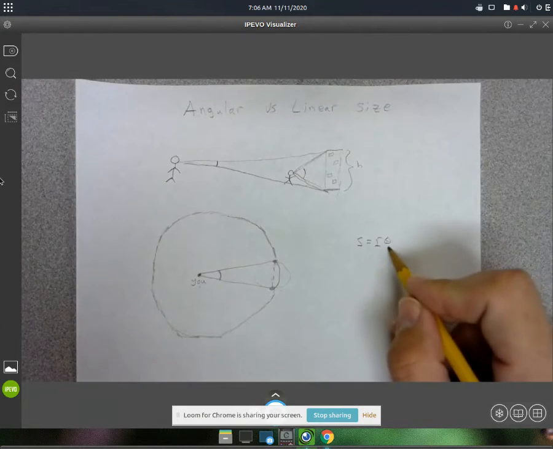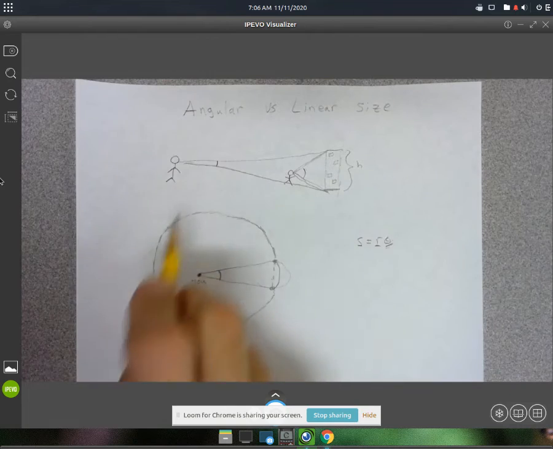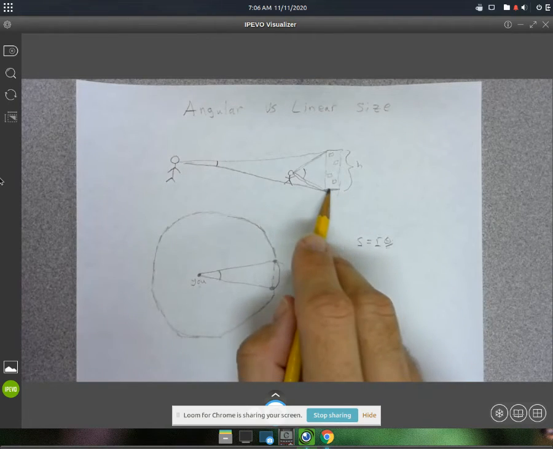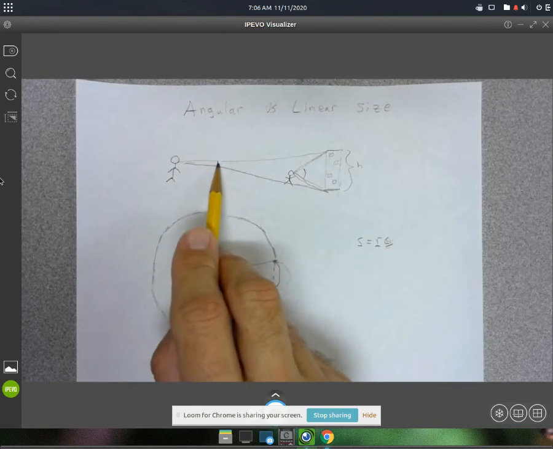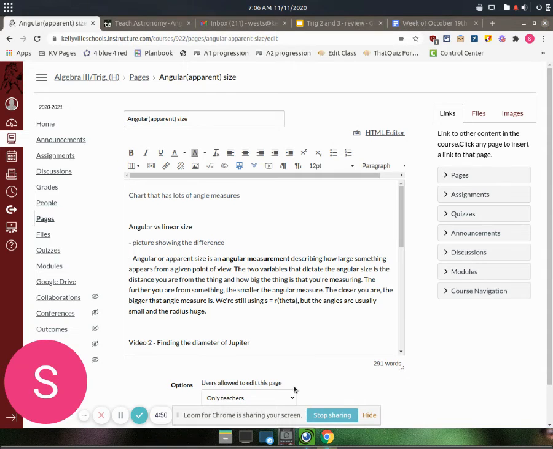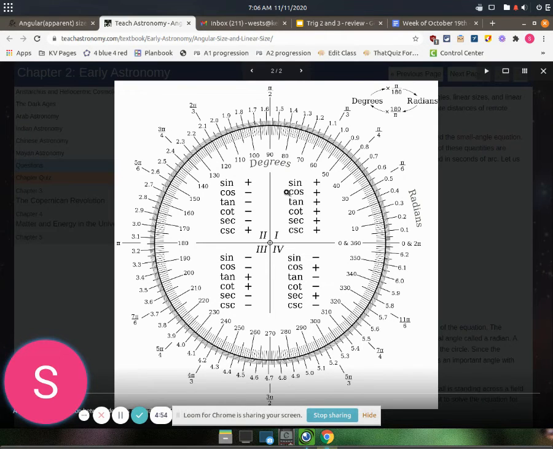And the angles that we're using, the thetas, are usually super small. The angle that's created between his line of sight and the bottom and top of this building is a really small angle. A lot of times they use this in astronomy to measure the size of a planet.